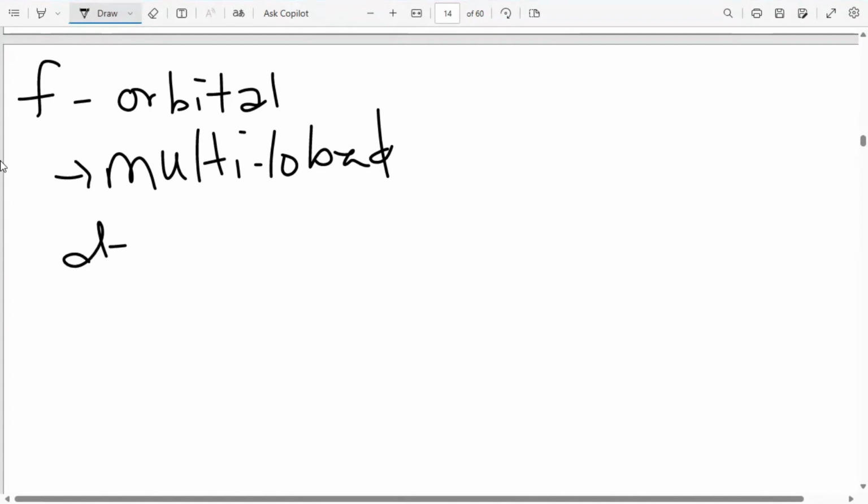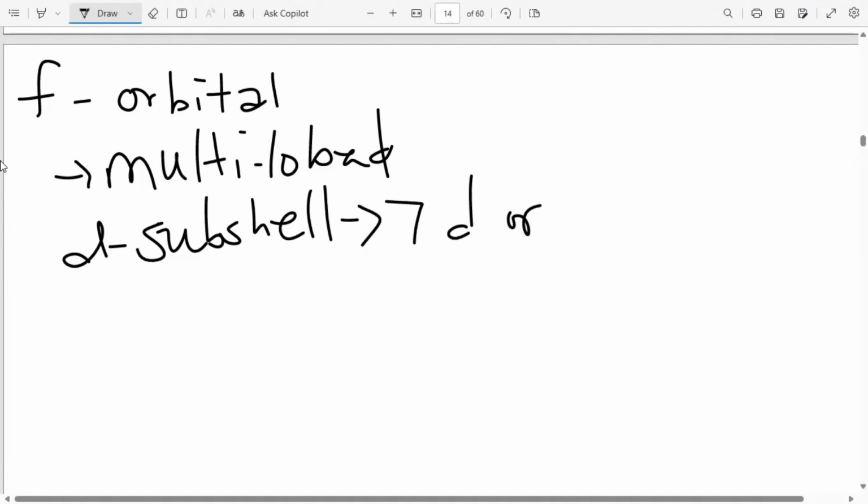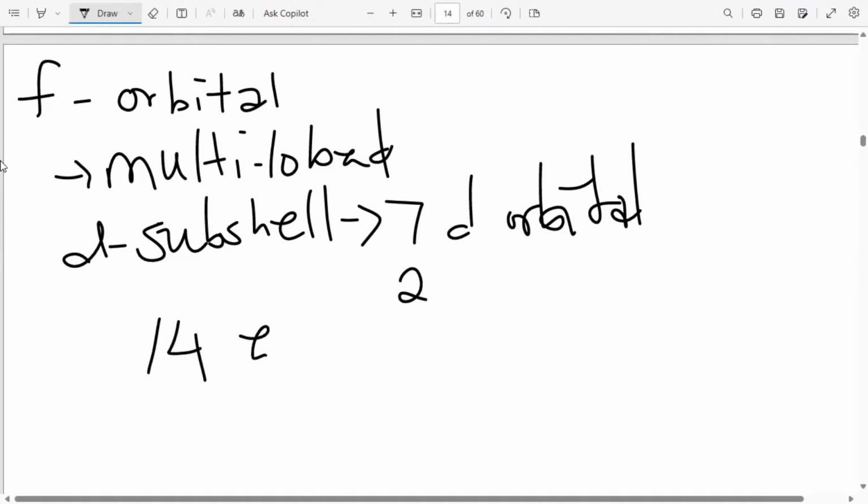So in the f subshell, there are 7 f orbitals, and each of these 7 f orbitals can also carry a maximum of 2 electrons, which means for us to find the cumulative number of electrons accommodated in the f subshell, we say 2 multiplied by 7 to get a total of 14 electrons.